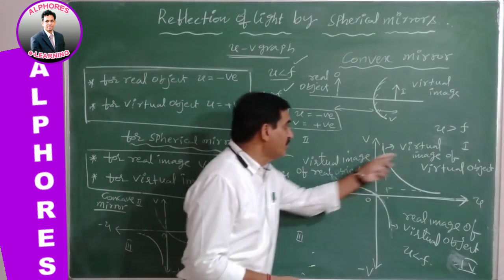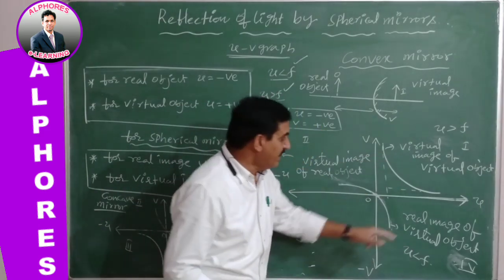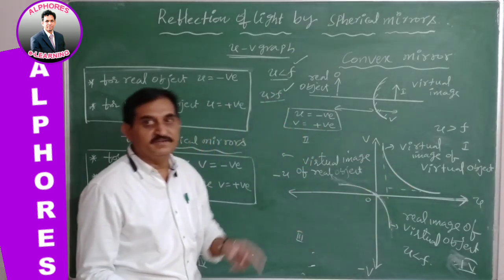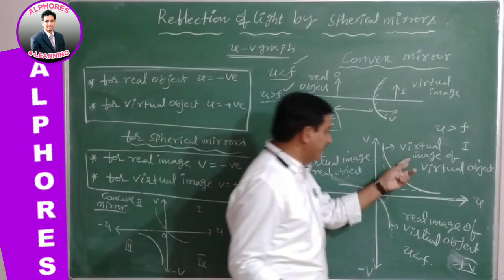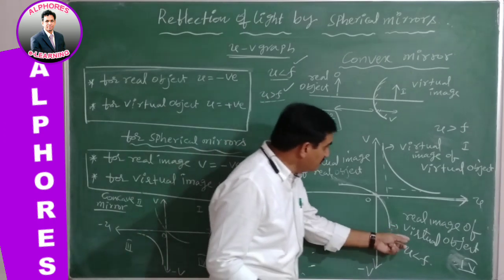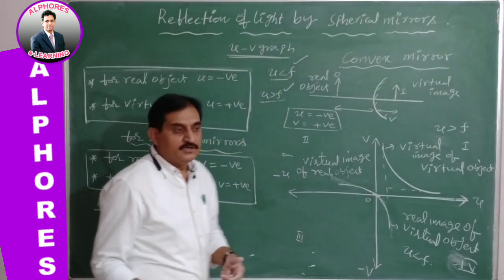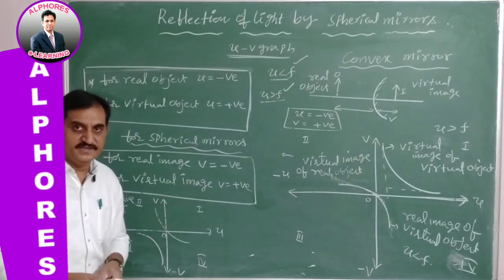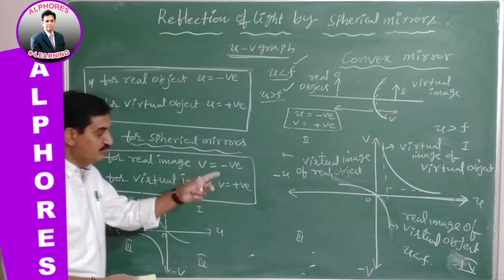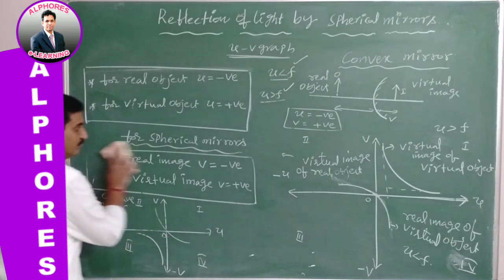These cases are also discussed properly, and these two points were already given earlier. If you need, I will show these diagrams also. These diagrams were also given in the previous video, so you can go through that video and easily understand. I will show those two diagrams roughly right now.